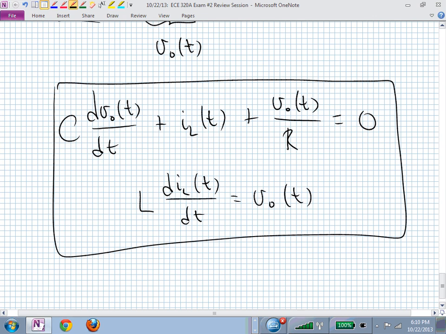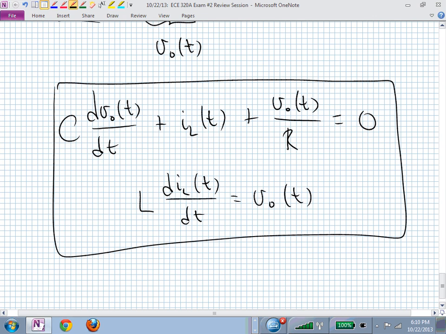But if I'm asking you now for V naught of t, maybe you could Laplace transform these, solve this second equation for capital I sub L of s, and replace that in your first equation, which you're going to get an I sub L of s.